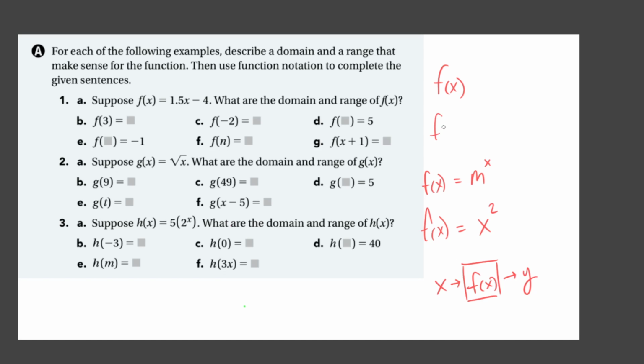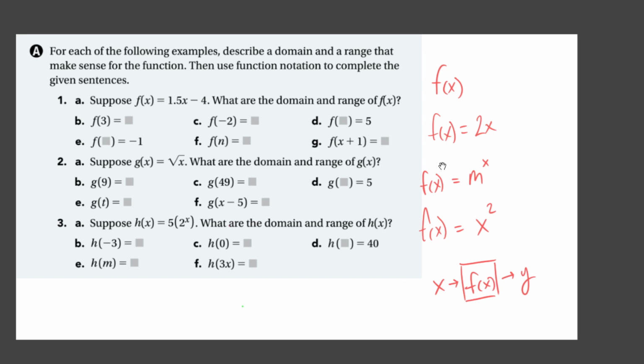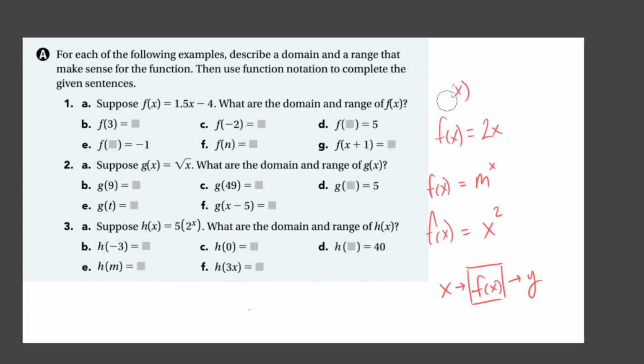Let's do f of x is equal to, let's just say, 2 times x. If the x was actually 3, my input is 3, and my output would be 6. So it's the same stuff that we've been working on this year so far.